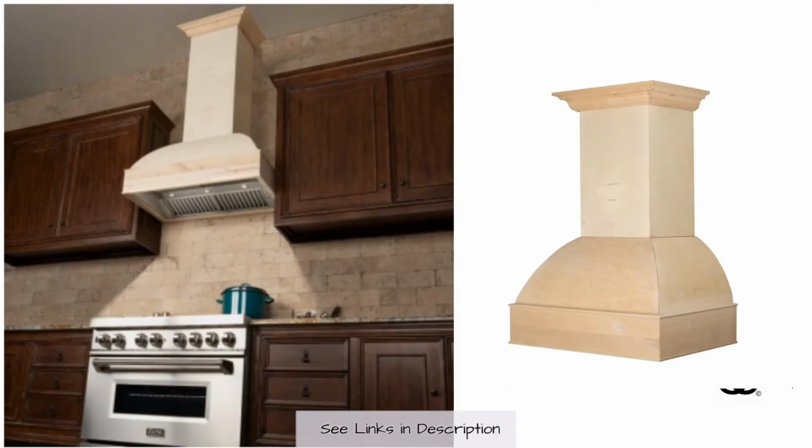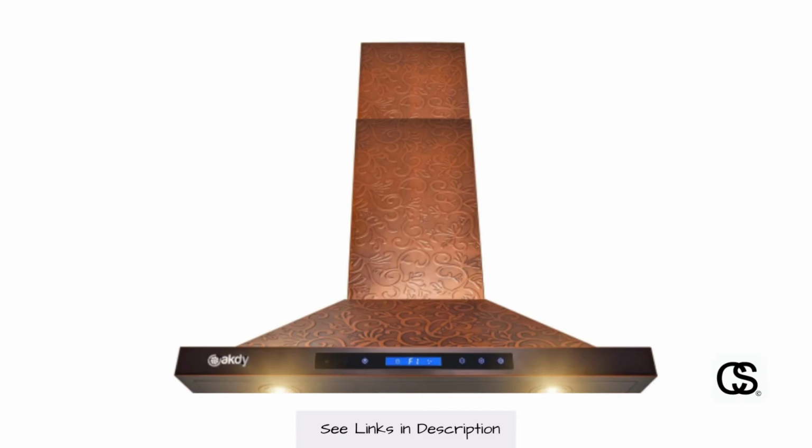That could be a vent hood that is clad in wood, it could be clad in copper, it could be built behind a stone facing. So there are several ways you can camouflage these, but you want to make sure you have the proper vent hood size for the range top that you're using.